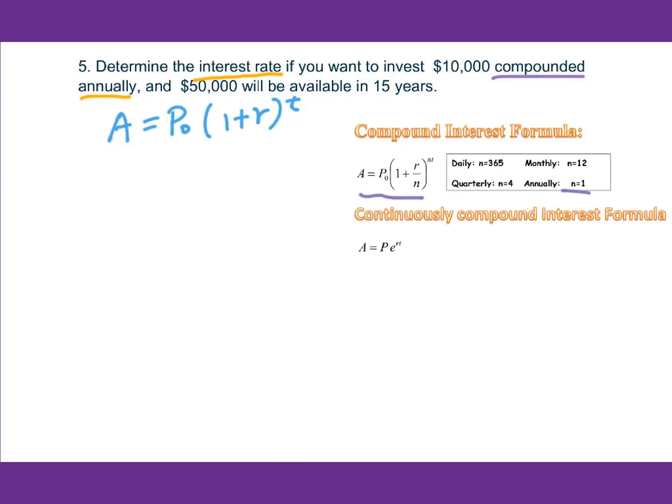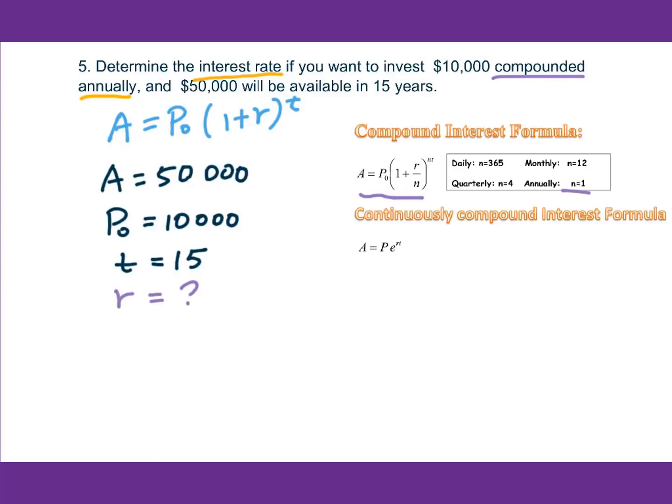We already know A equals 50,000 and P equals 10,000. t equals 15 years. Then we are looking for this r.